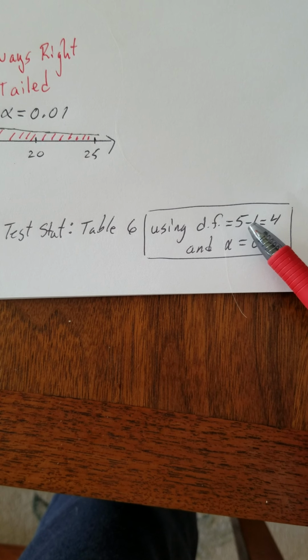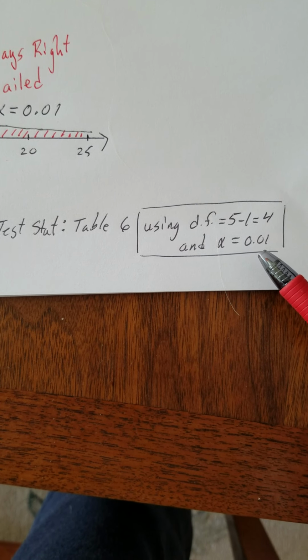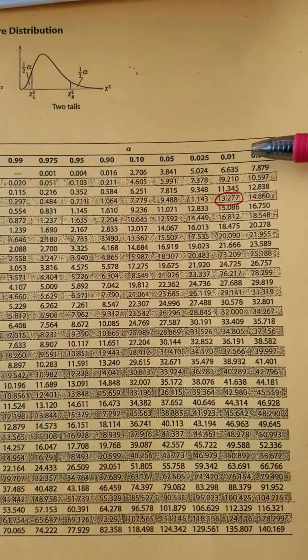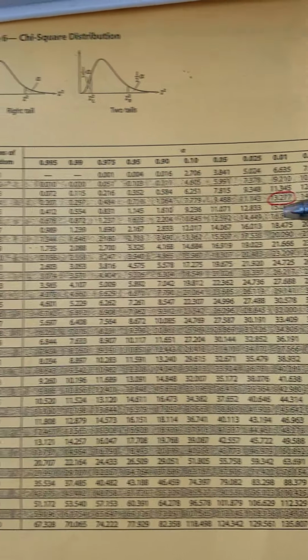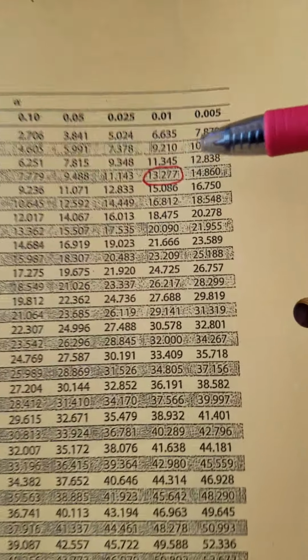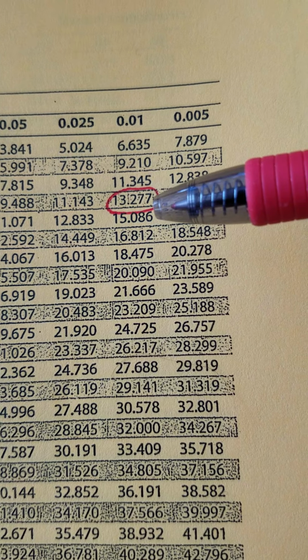So 5 choices minus 1 is 4. Alpha they gave us as 0.01. So we go over here. There's the 0.01 column. There's the degrees of freedom 4, and we come across here, and there's our test stat. So are we to the right of that?